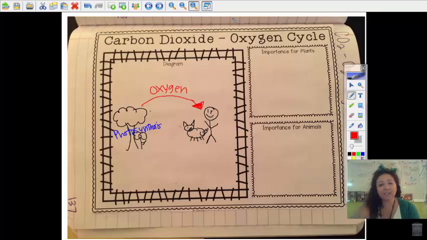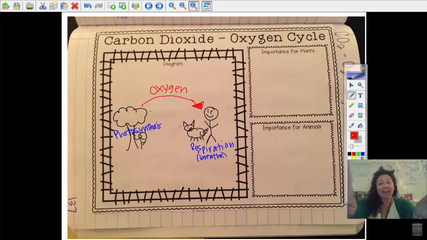We use that oxygen, like I said, to help us breathe. That process is called respiration. Humans need oxygen so that we can go through respiration, which is what's going to help us breathe. When we take in the oxygen, we use the oxygen to breathe.